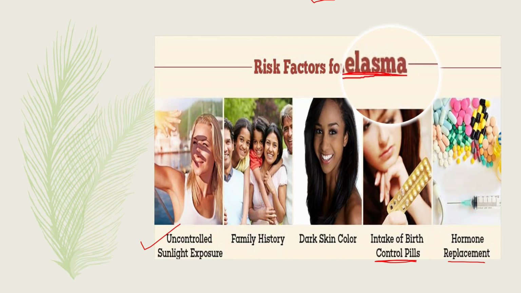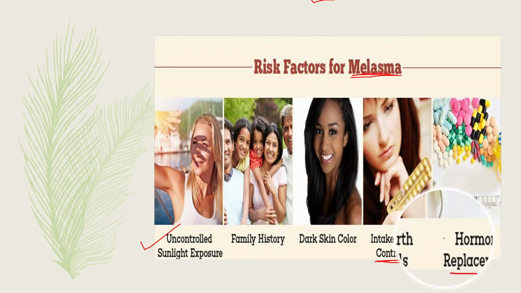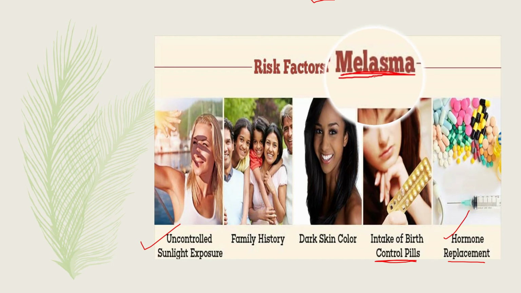For example, women who are pregnant or who take hormone medications and avoid the sun are less likely to develop melasma than those who spend a lot of time in the sun. So these are the basic causes, etiologies, and risk factors responsible for the formation of melasma.